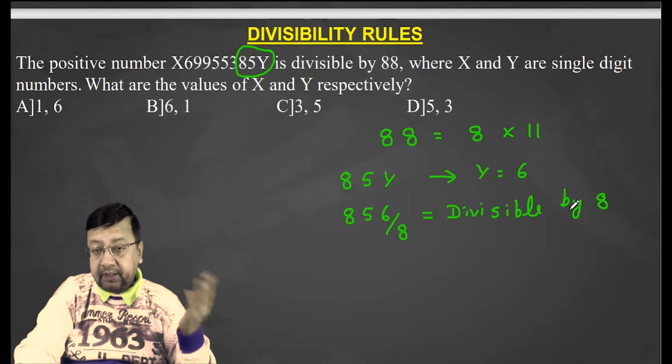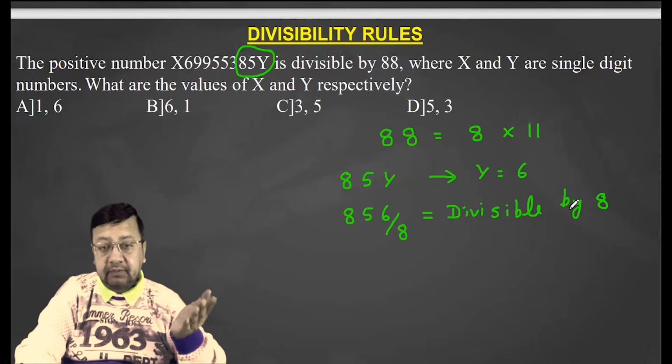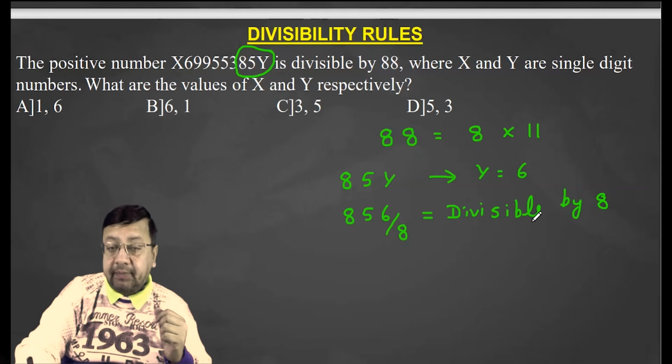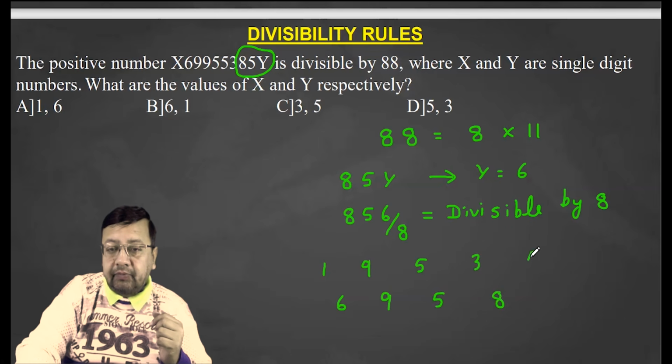Now if y is 6, x is 1. So taking x as 1 and checking for the divisibility of 11. What to do? Separate the alternate digits: 1, 6, 9, 9, 5, 5, 3, 8, 5, 6.